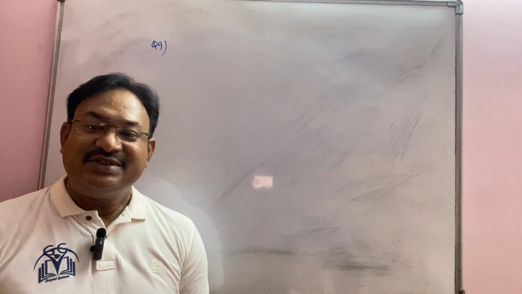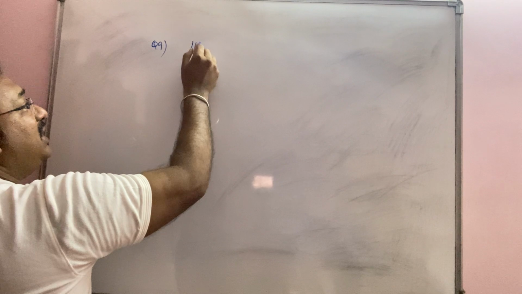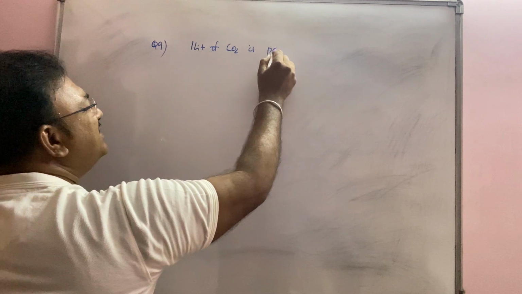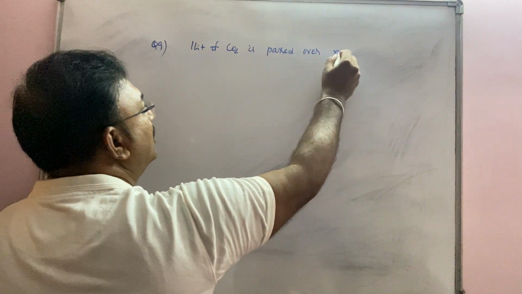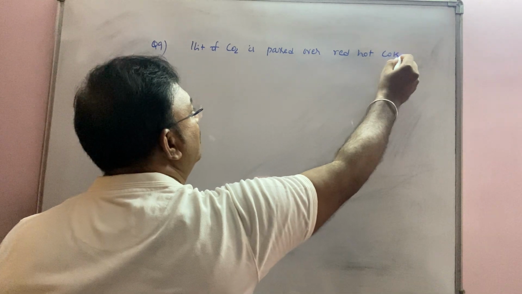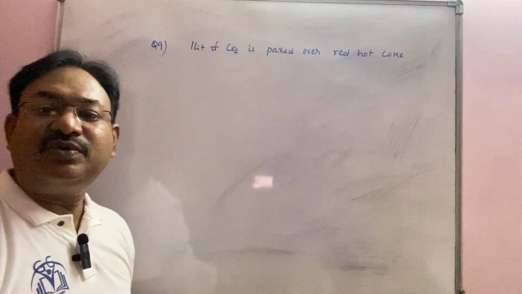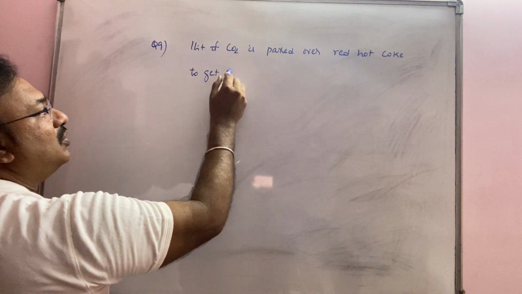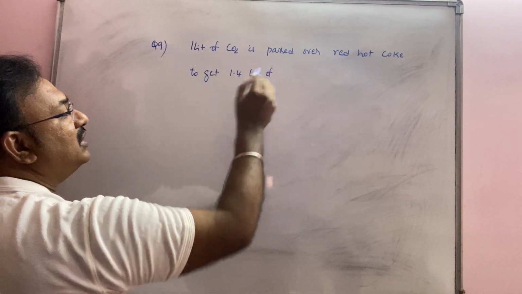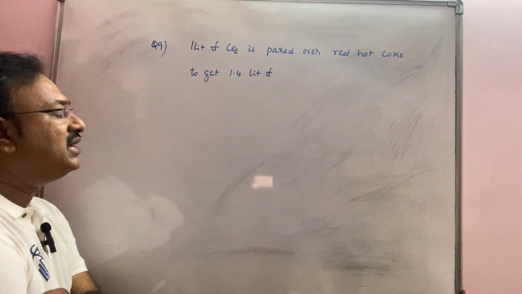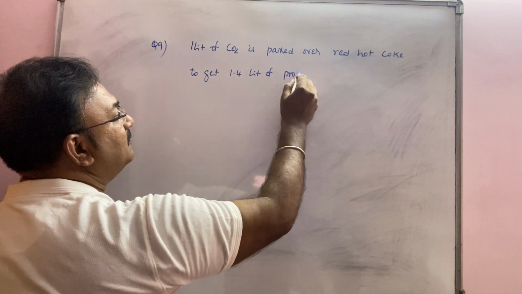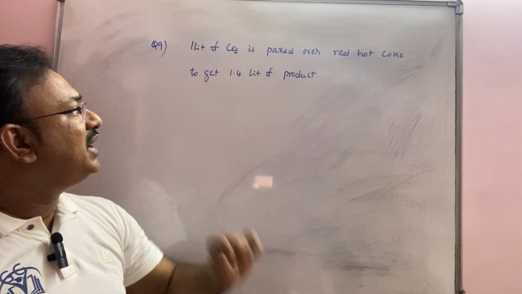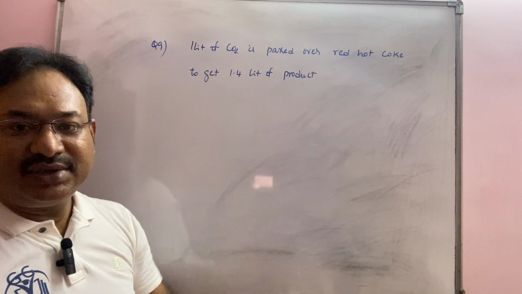Now listen carefully. 1 liter of carbon dioxide is passed over red hot coke to get 1.4 liters of product.